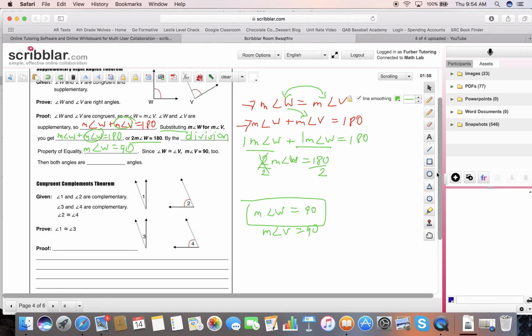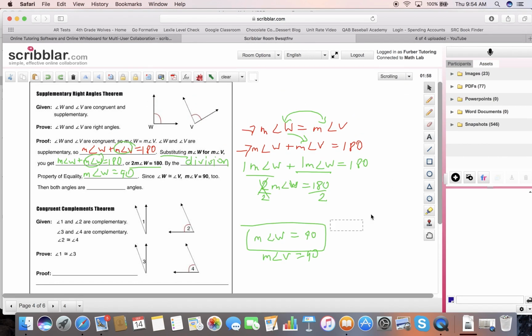Well, let's go back to the original statement right up here. What does it tell me about angle W and angle V? That they're equal to each other. So if you just discovered that the measure of angle W is 90, since we know they are congruent, that means the measure of angle V also has to be 90, because they told us that they're equal.